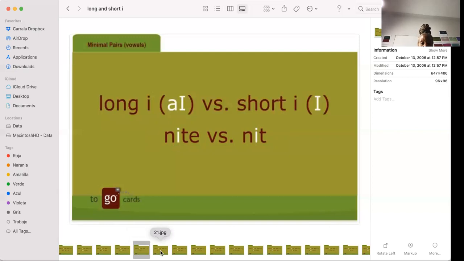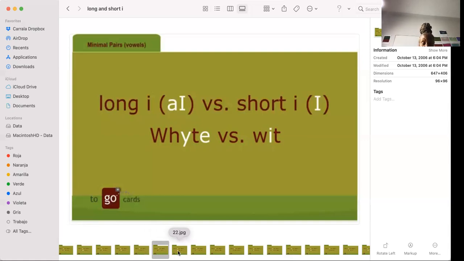Knit. Whyte, which is someone's name, W-H-Y-T-E. The Y here is imitating the long I sound because the Y can imitate the long sound or the short sound. And white can be spelled White when you're talking about a color or someone's last name. I haven't seen this as a first name, but it could be.